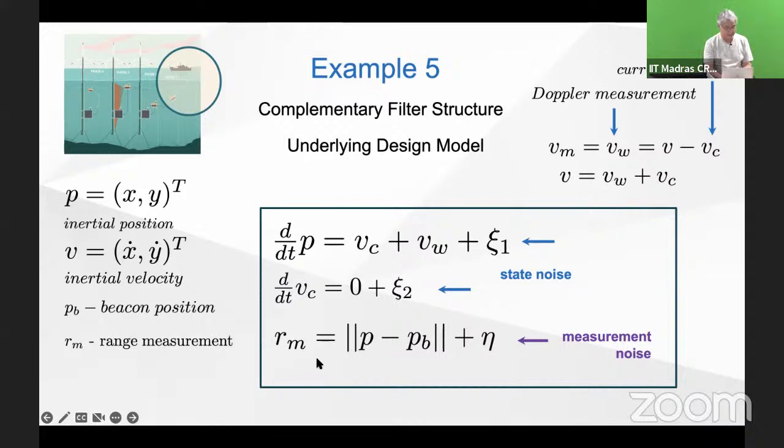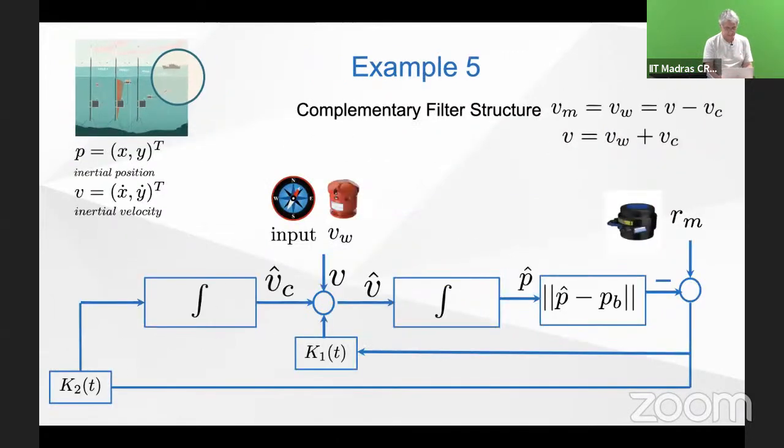You can measure the distance between the position of the AUV and a beacon that is on that station. Now, this introduces another layer of complexity because now you have a non-linear system and you have to resort to other kinds of filtering like extended Kalman filter, but see that it still keeps its simplicity, all right?